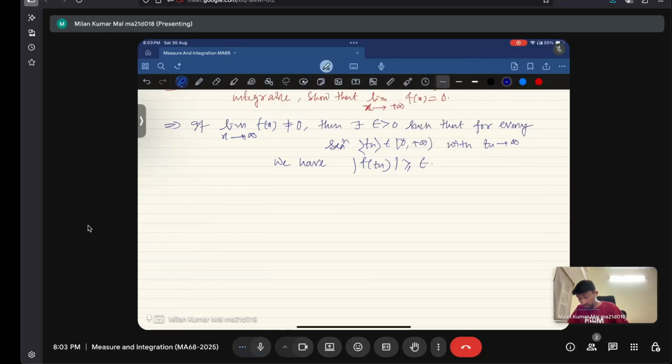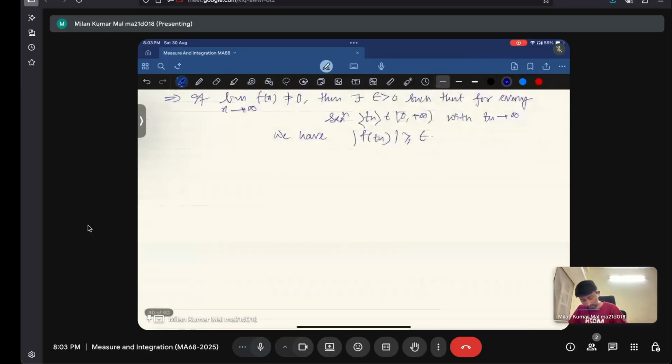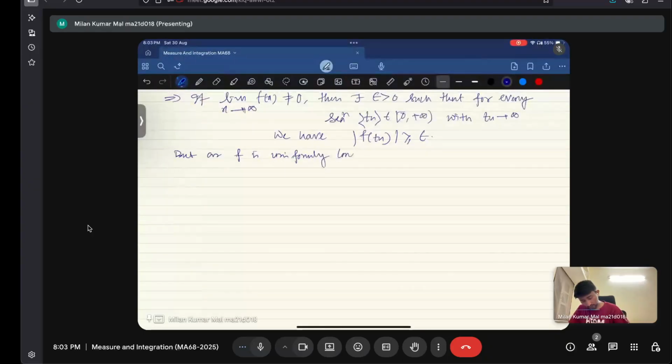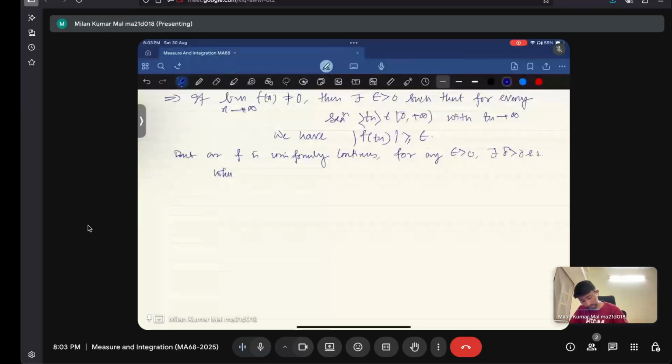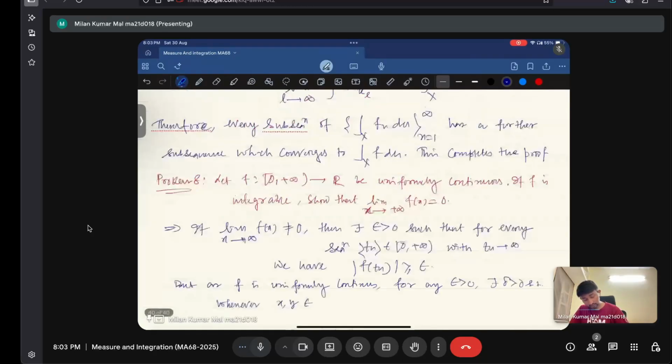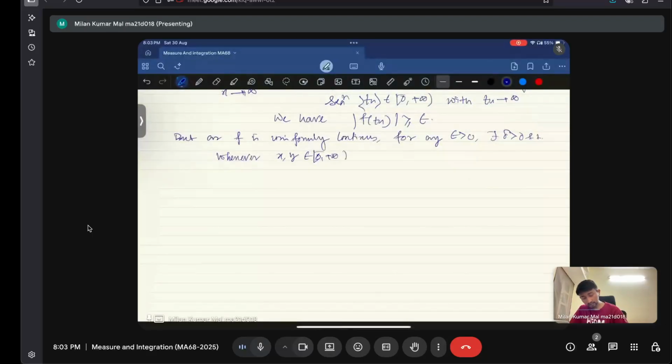But as f is uniformly continuous, for epsilon by 2 there exists a delta greater than 0 such that whenever x and y belong to 0 to infinity with mod x minus y less than delta, then we should have mod f of x minus f of y less than epsilon by 2.